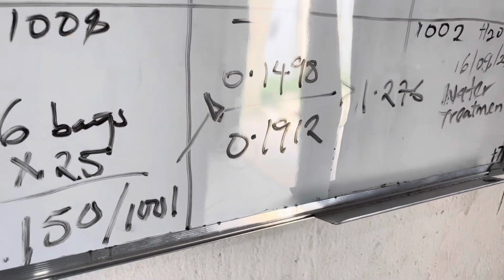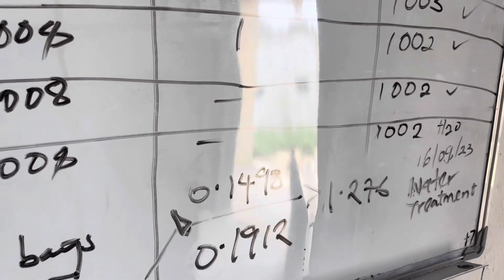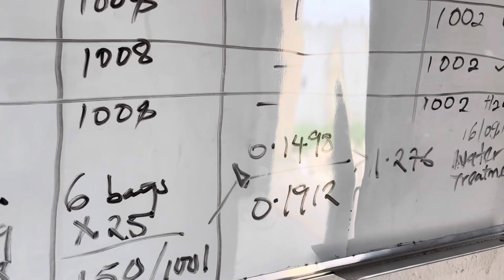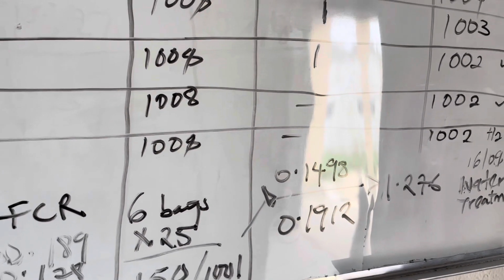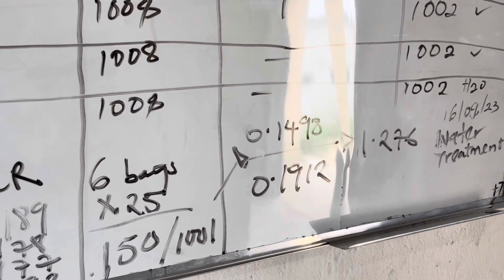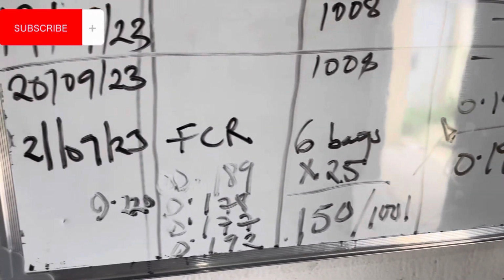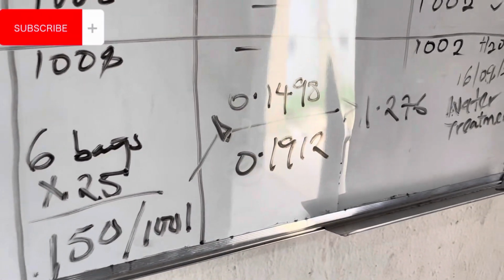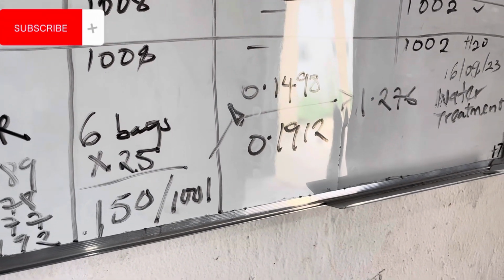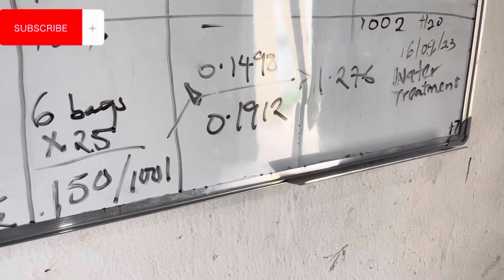We have less than 1% mortality in the first week. As you know, the first week is usually when you have high mortality. So in our first week, we have seven mortality, which isn't bad, because as long as we are below 1%, for us that is okay.